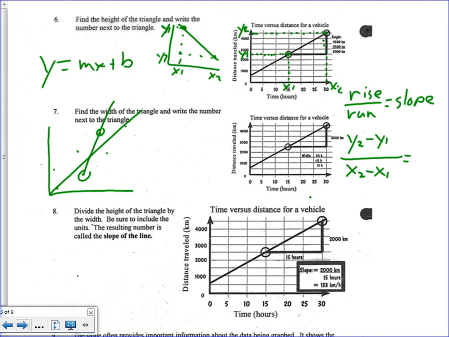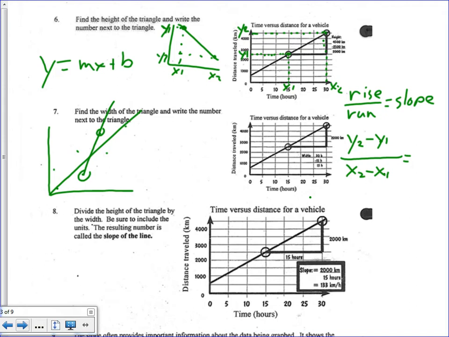Okay, so for a graph like this one, where it's distance traveled in kilometers divided by time in hours, it's going to give us the speed. All right, we can always tell what a graph will give us by looking at the units that we're dividing. On the top I'm going to have kilometers minus kilometers, which is kilometers, over hours minus hours, which is hours.